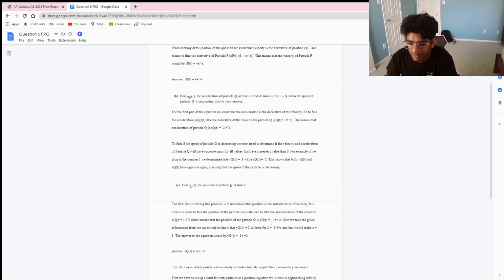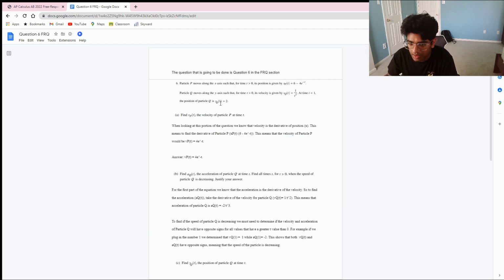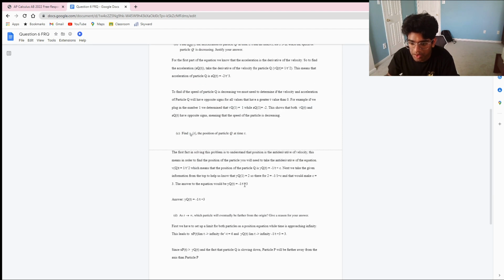This means that the position for particle Q would be negative 1 over t plus c. The next part is to find out what c is. We know that at second 1 it equals 2, so we set the equation equal to 2 and plug in t as 1.